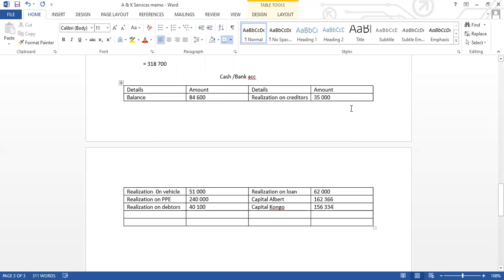Okay, so if we end up this side and this side, it will give us 0.